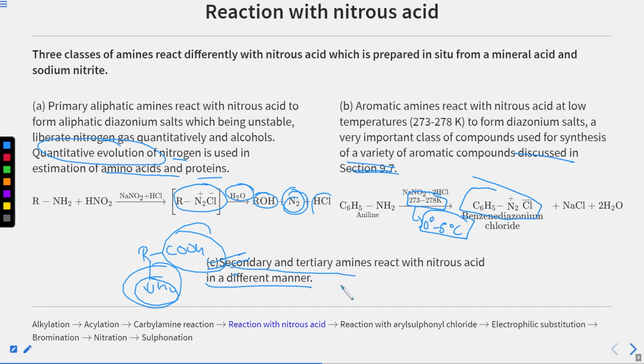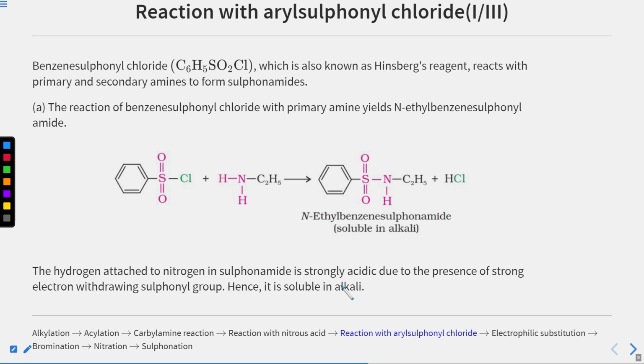Now next we'll see a reaction that is used for distinguishing primary, secondary and tertiary amines, and it's called the Hinsberg reaction. In this reaction, we treat our amine with aryl sulfonyl chloride.